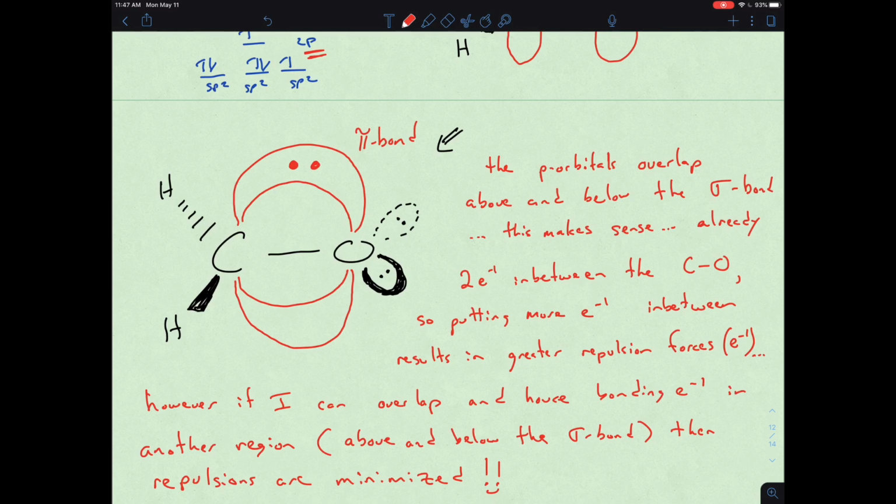So now this idea of using the p orbital, where the p shape is a lobe above and a lobe below an element, well, now we can actually overlap those lobes, and that's what we're seeing here with this particular pi bond scenario. So that's what the pi bonds actually look like.